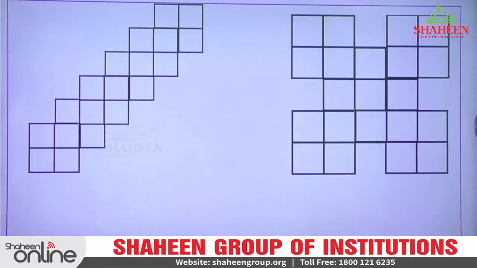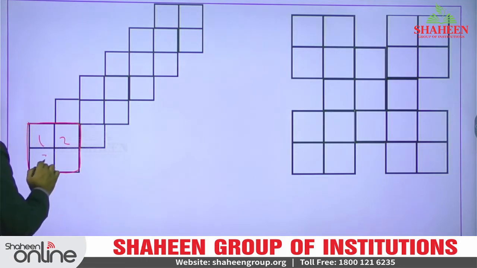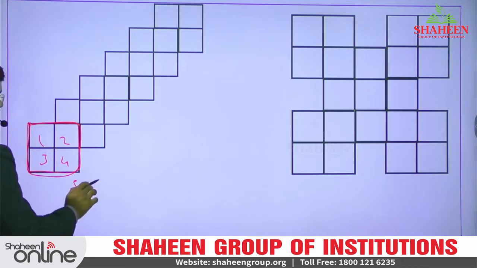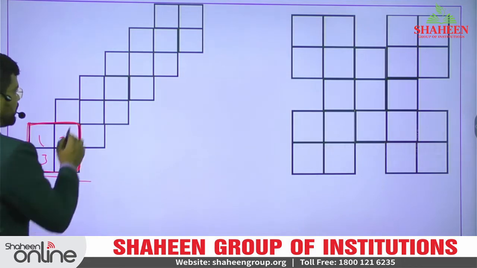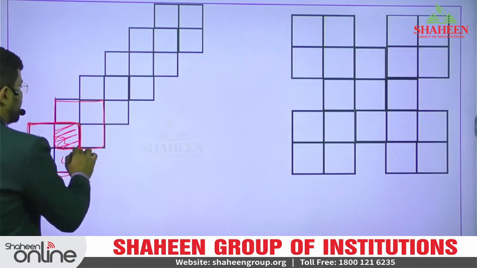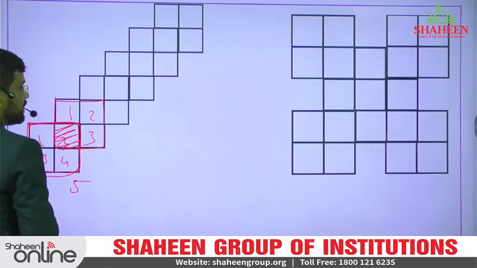Yes, now friends, look at here. So this is another window here. So 1, 2, 3, 4 and 1, so how many squares are there here? 5 squares. Now here 5 squares are there. If I see here, yes, this is an overlap, so 1, 2, 3 is already overlapped, so I do not need to count it. Why?